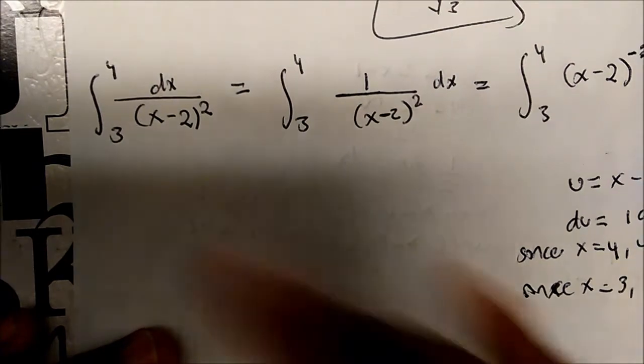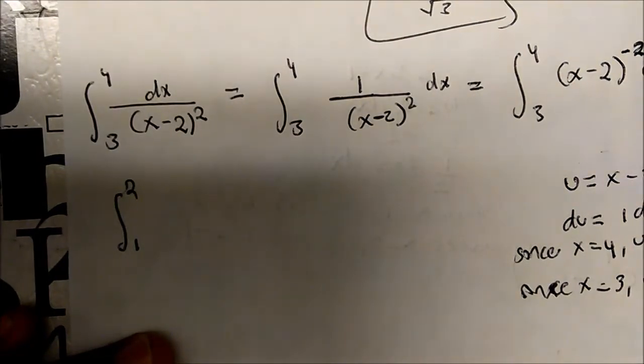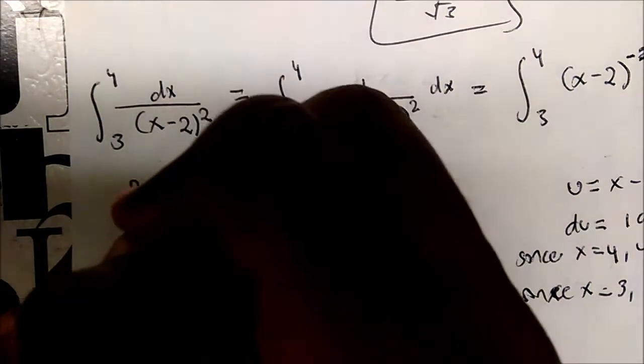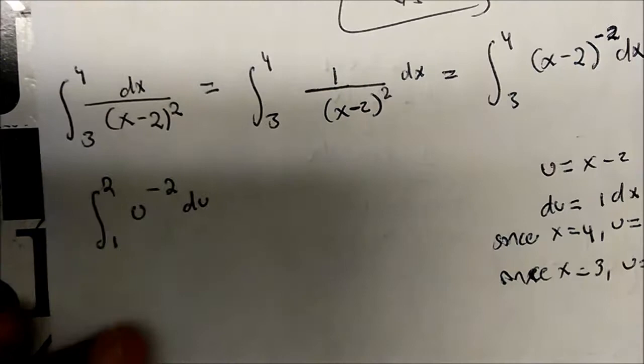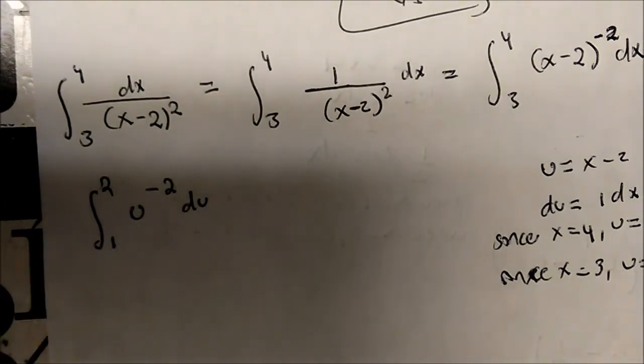So this will be my new integration. Now I'm taking the integral from 1 to 2 of u to the negative 2 power du, and that is my integral in the simplest fashion.